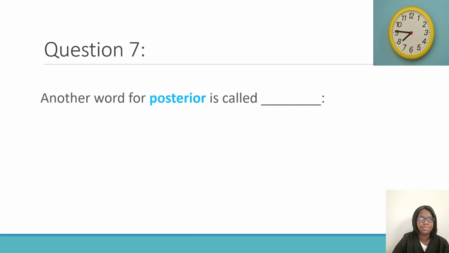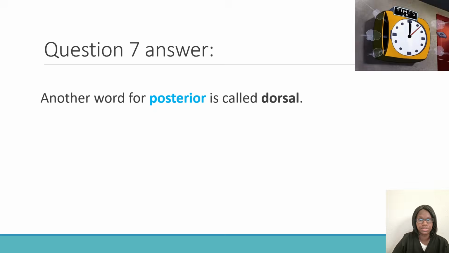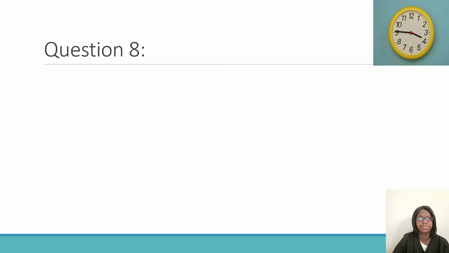Question 7. Another word for posterior is called. The correct answer is dorsal. So another word for posterior is called dorsal.